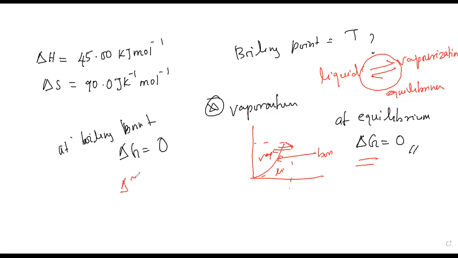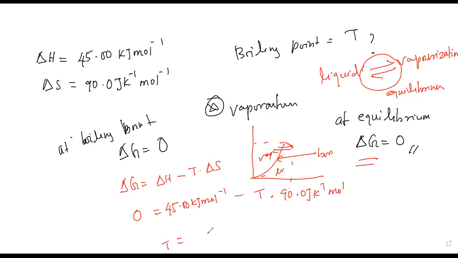The equation is delta G is equal to delta H minus T into delta S. So as you know the delta G is equal to 0. For delta H I am substituting 45.0 kilojoule mole minus 1, and minus T into 90.0 joule Kelvin minus 1 mole minus 1.